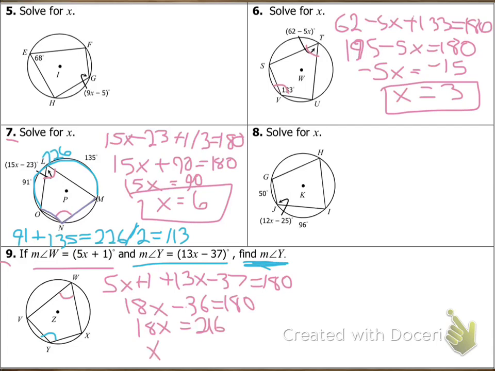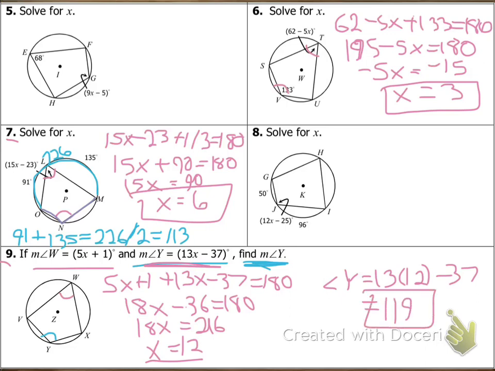Divide by 18, x is going to be equal to 12. So now that I know what x is, we're going to take it and plug it in to y up here. So to find angle y, we're going to have 13 times 12 minus 37. And we're going to end up getting 119. And that's how you work with inscribed angles and quadrilaterals.